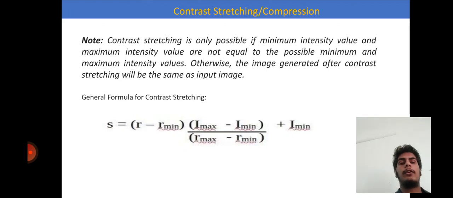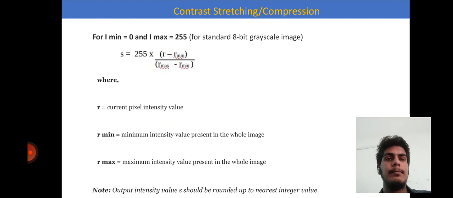General formula for contrast stretching: S equals (R minus R min) times ((I max minus I min) divided by (R max minus R min)) plus I min.